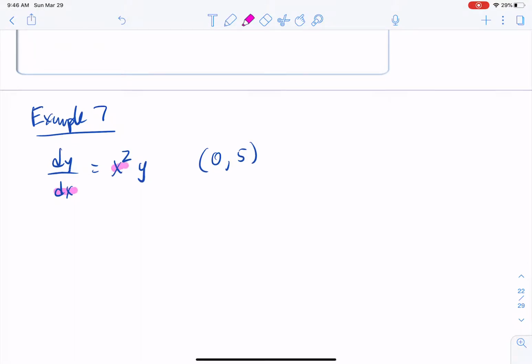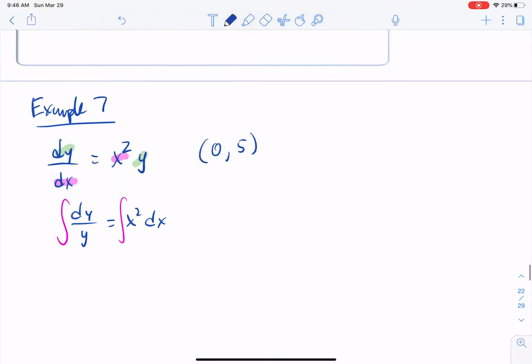Let's get the x stuff over here on the right-hand side. Let's get the y stuff over on the left-hand side. So I'd have to divide the y over. I'd have dy over y. And I'd have to multiply the dx over, x squared dx. We are ready to take the antiderivative.